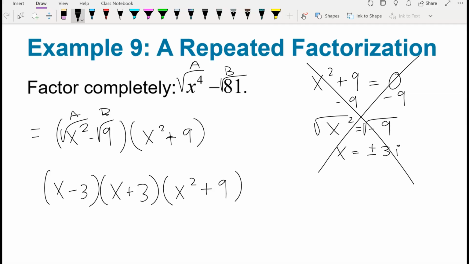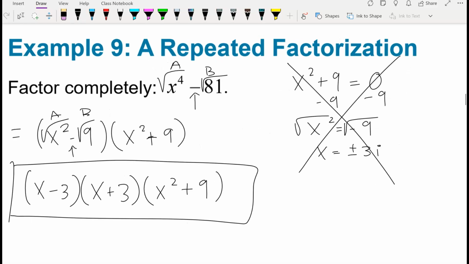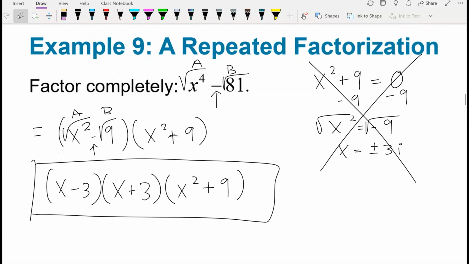So we don't want imaginary numbers, we only want whole numbers. So we leave it as the plus. So when it's the difference, when it has that negative, then you can do the square rooting and do the difference of squares. Otherwise, you just leave it as its factor.